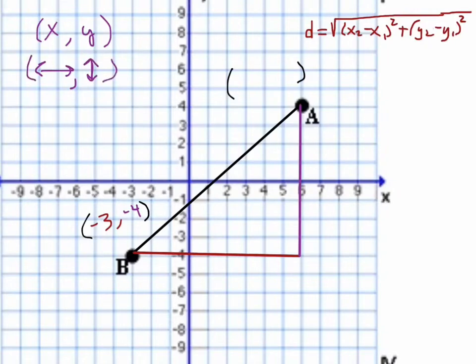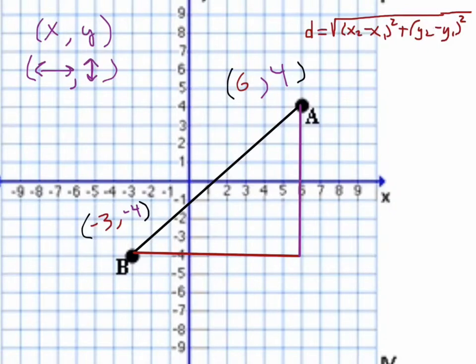So there's our first coordinate, and now our A coordinate is over to 6. So that's 6, comma 4. So you're going to plug these in. All right?